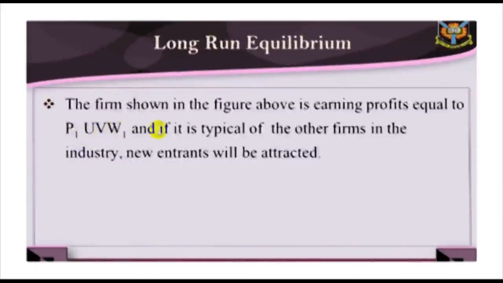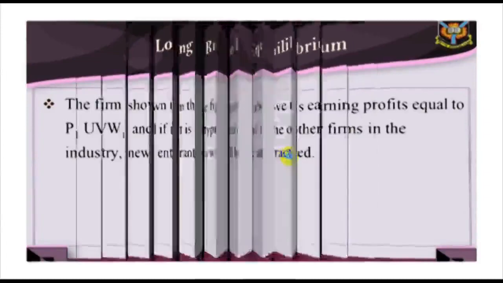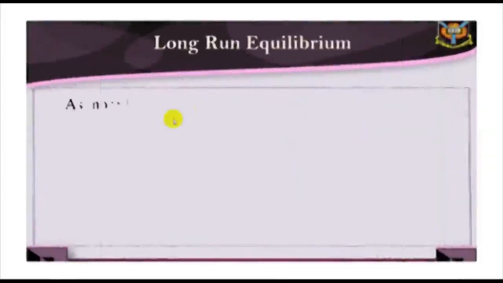Long-run equilibrium. The firm shown in the figure above is earning profit equal to P1 U V W1, and if it is typical of the other firms in the industry, new entrants will be attracted.